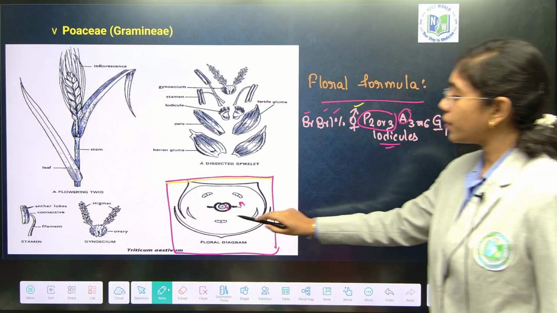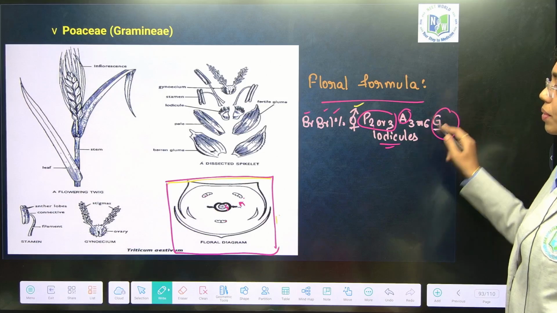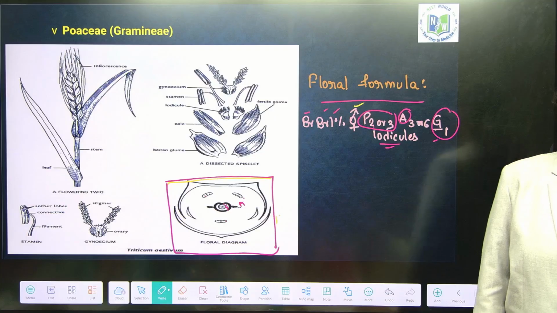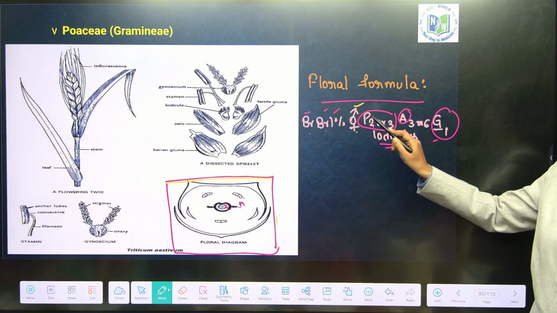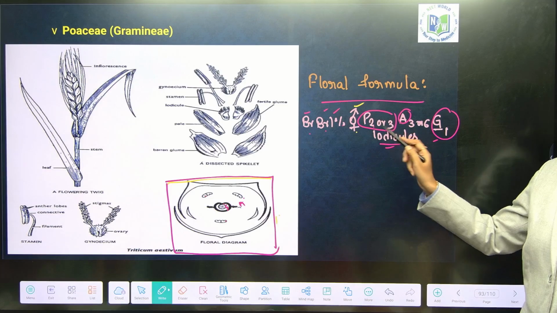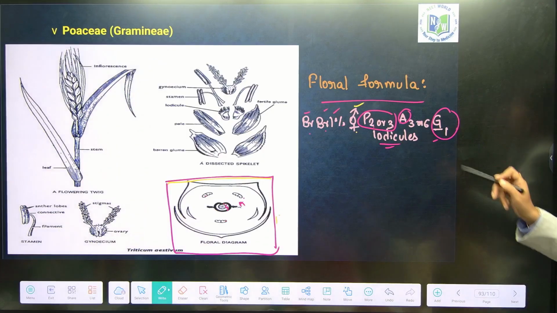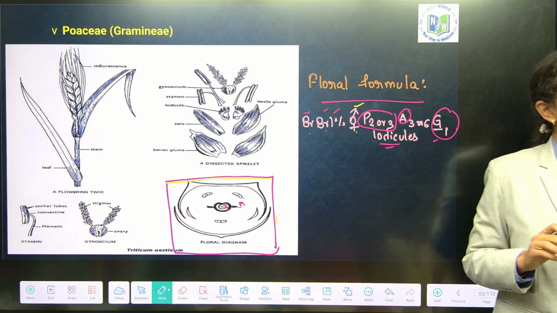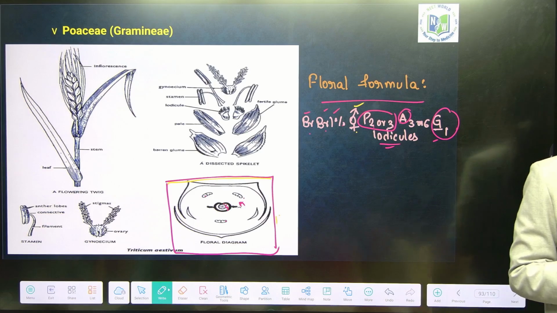Androecium will be 3 or 6. 3 or multiples of 3. Gynoecium is just 1, which is monocarpellary and it has superior ovary. Poaceae members, bracteate, bracteolate, zygomorphic, bisexual, perianth is reduced to lodicules, 2 or 3 will be present, androecium 3 or multiples of 3, gynoecium is 1, it is having what type of ovary? Superior ovary. Like how perianth is the reduced structure of calyx and corolla, lodicules are much reduced structures than perianth.